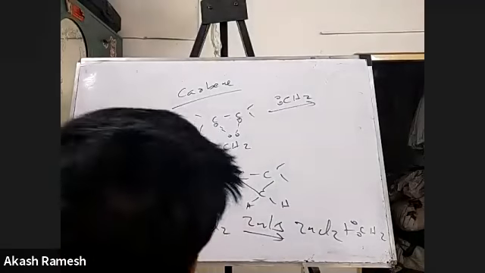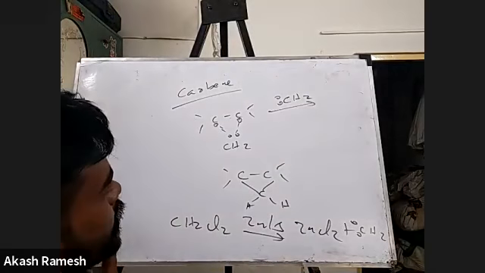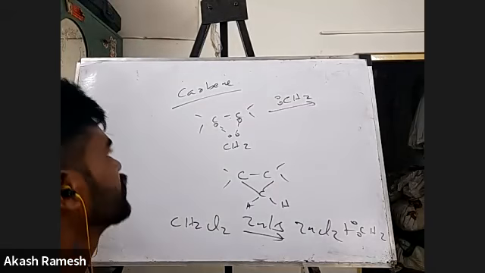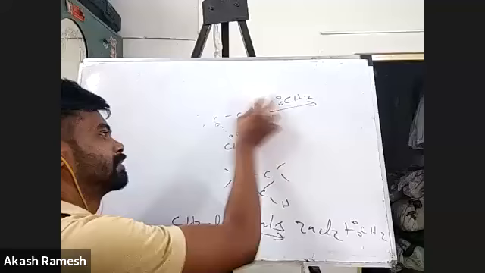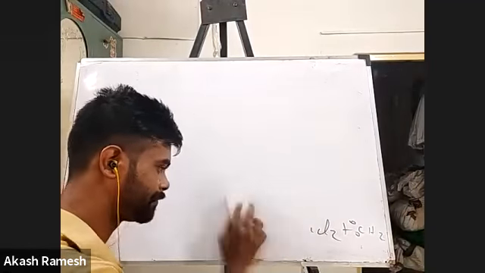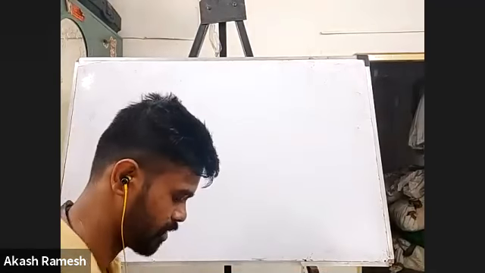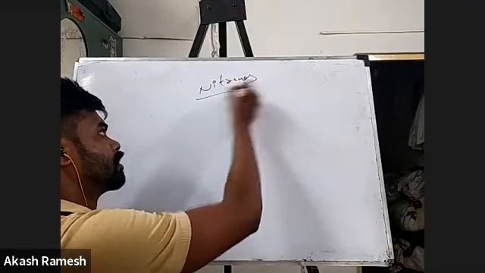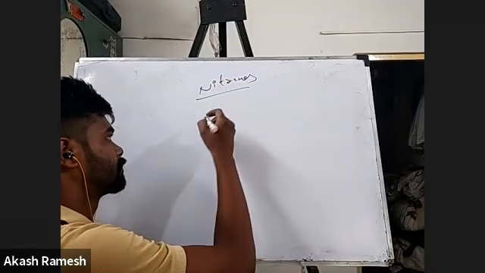Okay. So other than this, I have something called nitrenes. Nitrenes are very simple. I don't think you need it, but I can just tell you. Nitrenes are something like this.